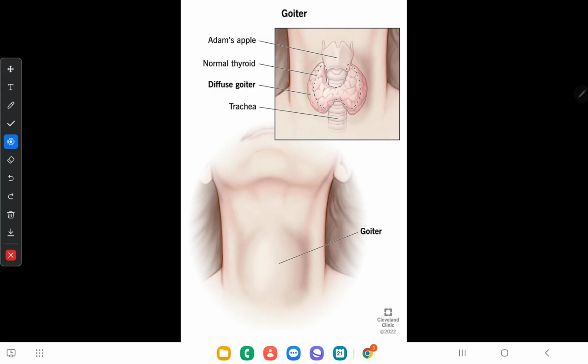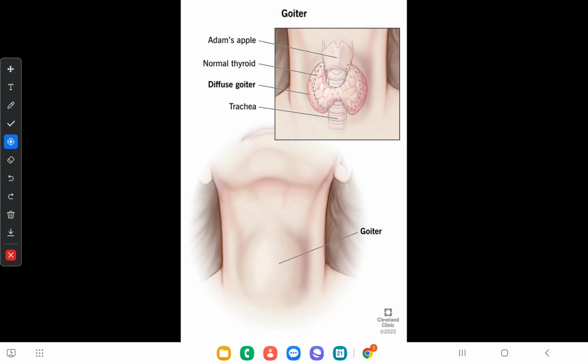Next, we will discuss clinical correlations of the thyroid gland. First one is thyroid swelling. The name given to enlargement of the thyroid gland is goiter. It is a common cause of midline swelling in the neck, and the thyroid swelling moves with deglutition.